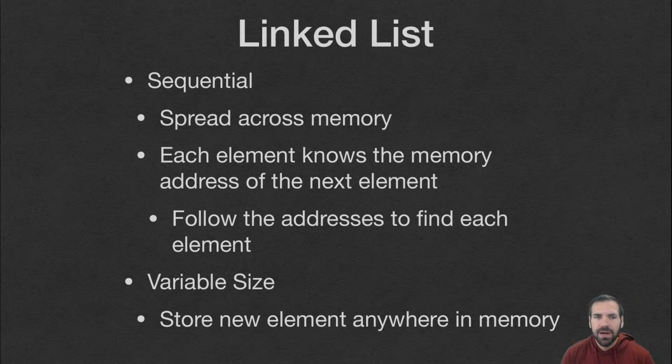So each node has the value at that node, and a reference to the next node, and each node is going to be an object on the heap, which is exactly why this lecture comes after classes and objects. It's because we need constructors, we need objects, we need references, we need all those things to understand how a linked list works.